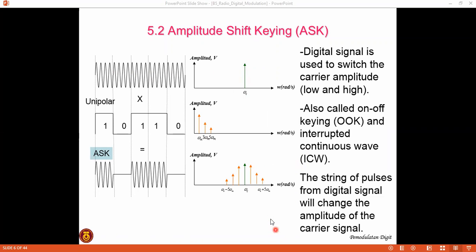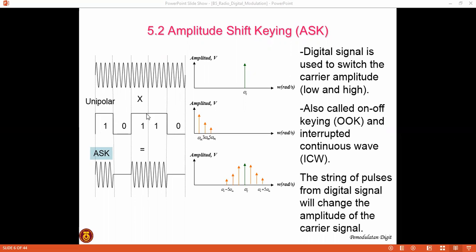Okay, and then our information signal is a digital signal, which can be represented by this unipolar bit series. And this is the spectrum of our square wave.